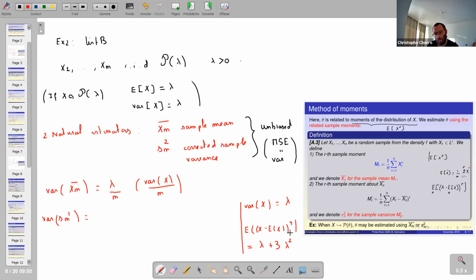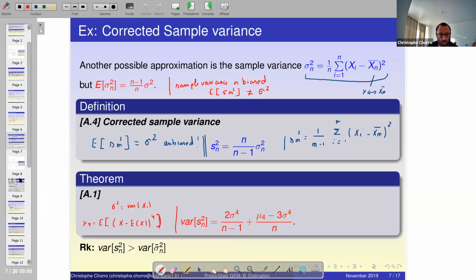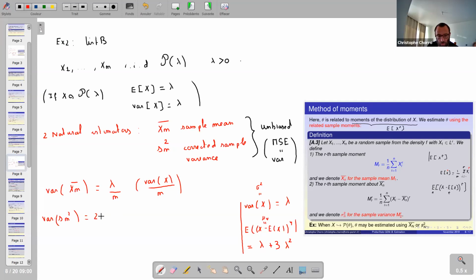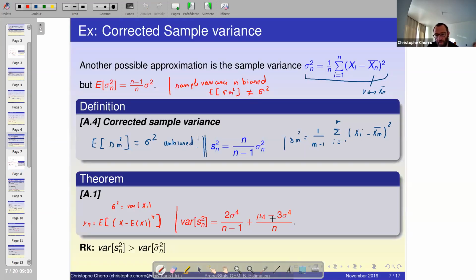The fourth centered moment is given by this one, and it's what I have called mu4. So if I copy the formula for the variance here, I have 2 sigma 4 over n minus 1 plus mu 4 minus 3 sigma 4 over n.